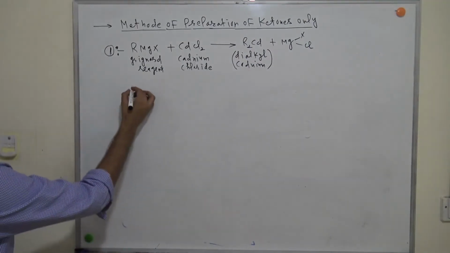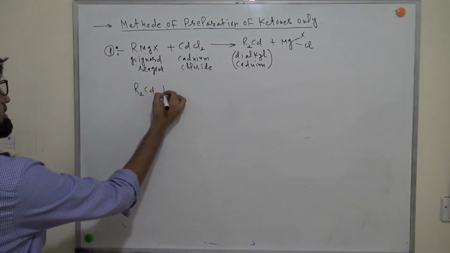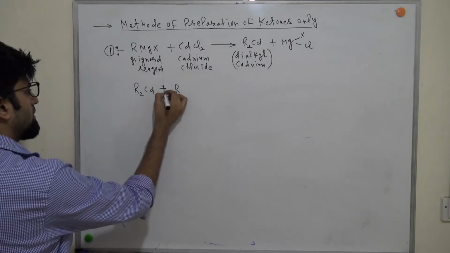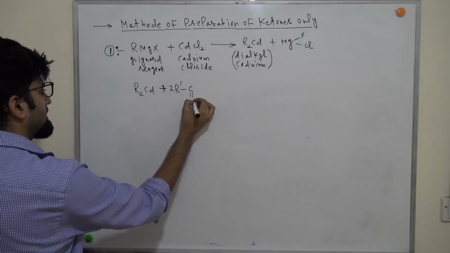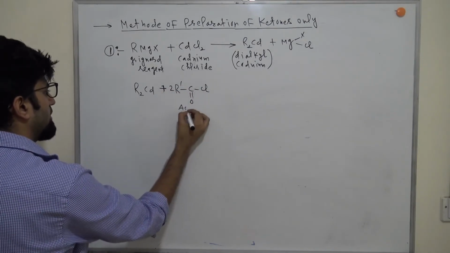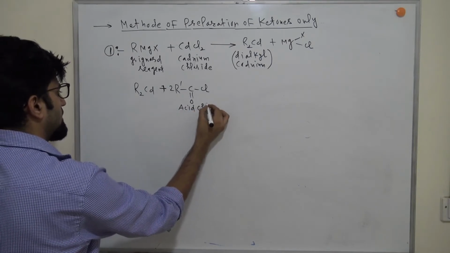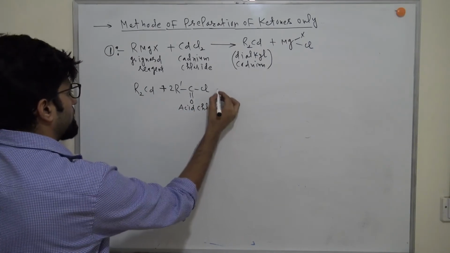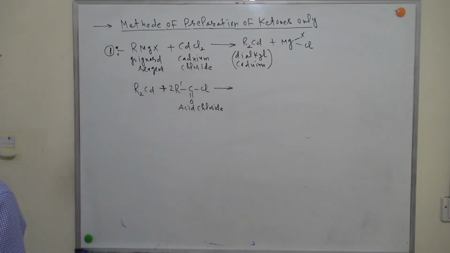Then in the next step, what will we do? We will take this dialkyl cadmium and do its reaction with 2 moles of acyl chloride or acid chloride. Okay, and what will happen, guys?